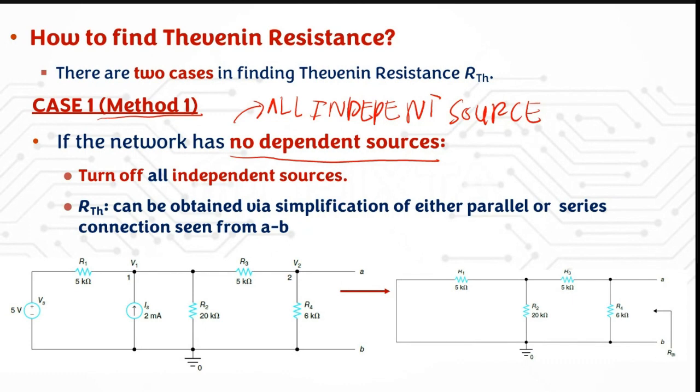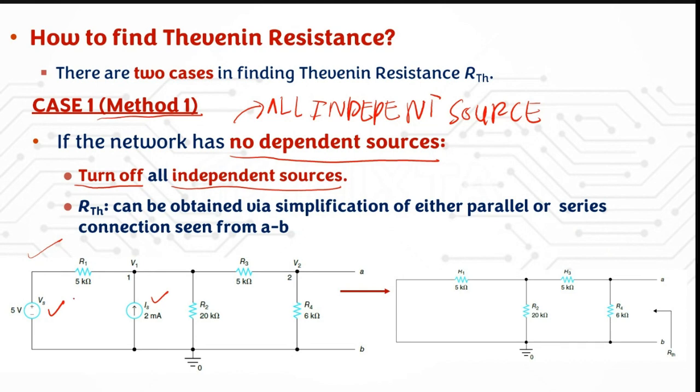How you can do that is by turning off all your independent sources, like in this example. If the question asks you to calculate RTH, you know that here you only have independent sources: a 5 volt source and a 2 milliampere current source.